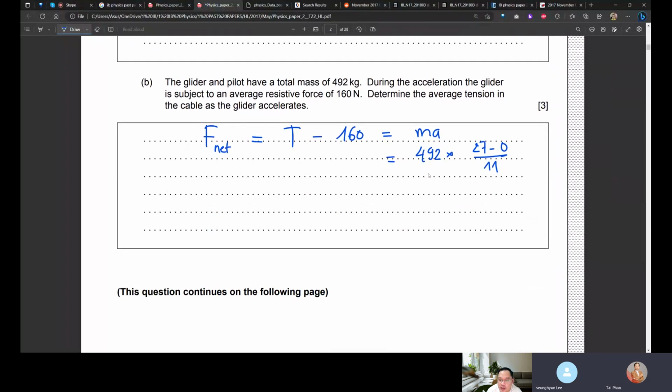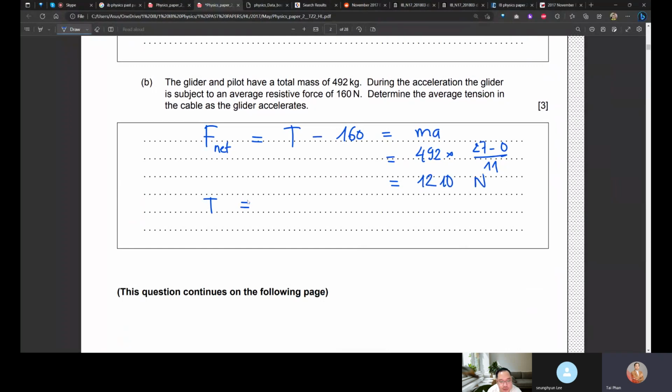This is the net force, and then the tension will be equal to that net force added with 160. Calculate this first: 27 divided by 11, and then multiply with the mass. The force here, rounded to 3 significant figures, is 1,210.